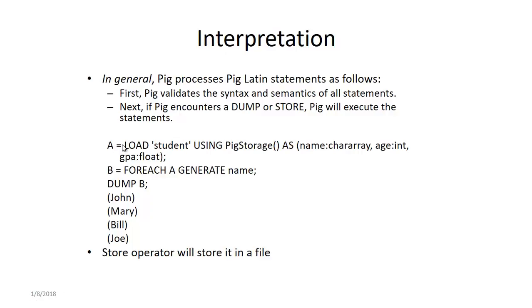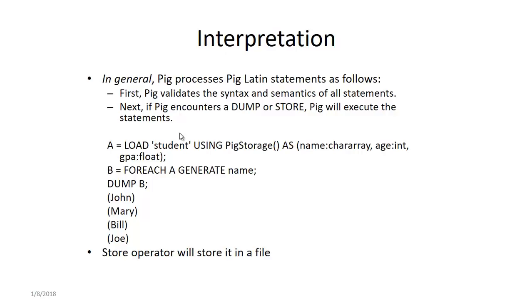Load student, where student means student.txt, is the input file. We load the student file using PigStorage. PigStorage is a function which is used to load a text file, a flat file.